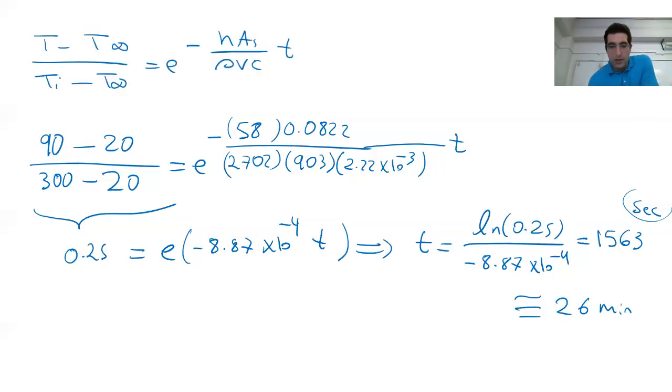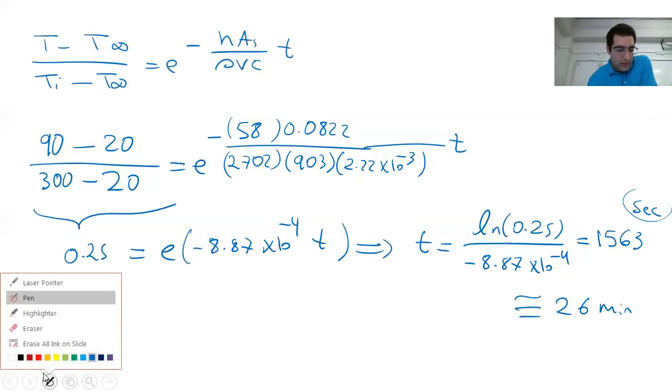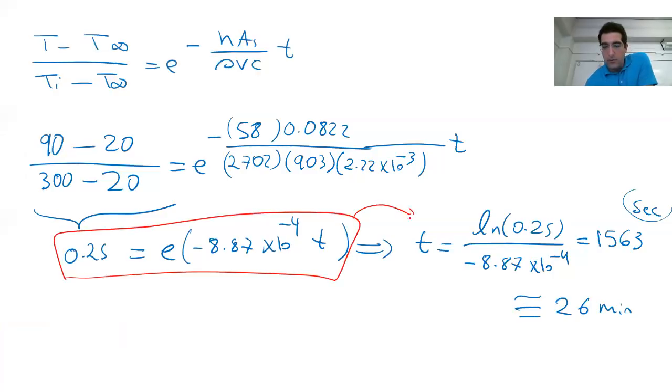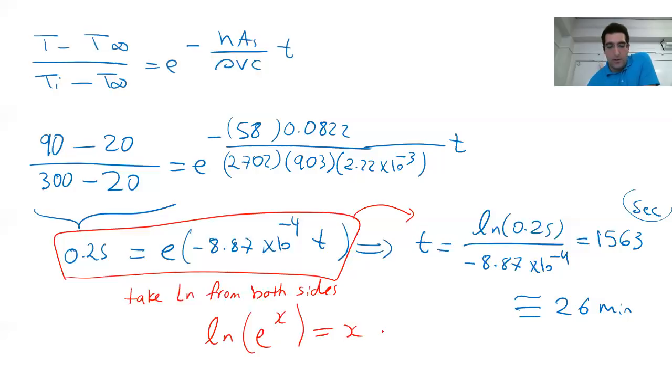Make sure you can handle this section, that once you have it in this form, in order to go to this section, you want to take ln, natural log from both sides. What happens is ln of e to the power of x is equal to x, right?